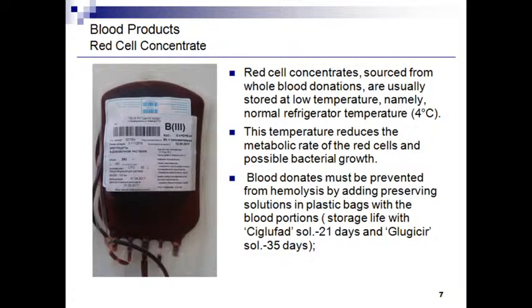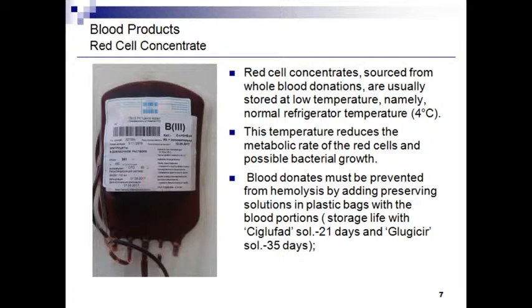Low temperature during storage reduces the metabolic rate of the red cells, stabilizes them, and helps to avoid possible bacterial growth. Blood donations must be prevented from hemolysis by adding preserving solutions in plastic bags, which are named conservants, to the blood portions.